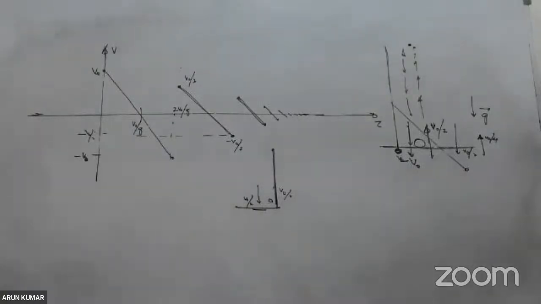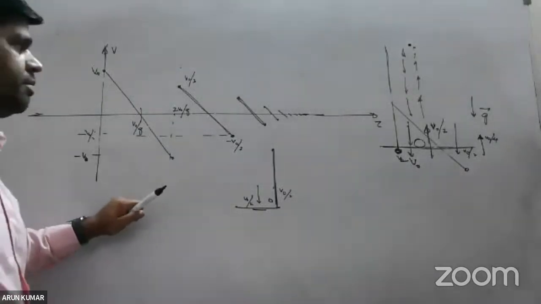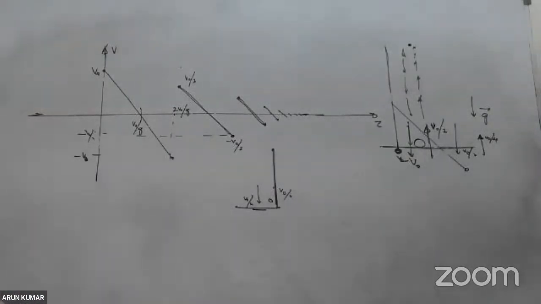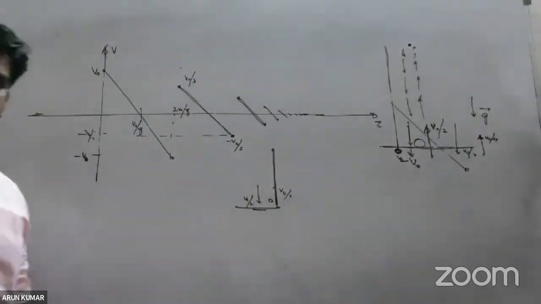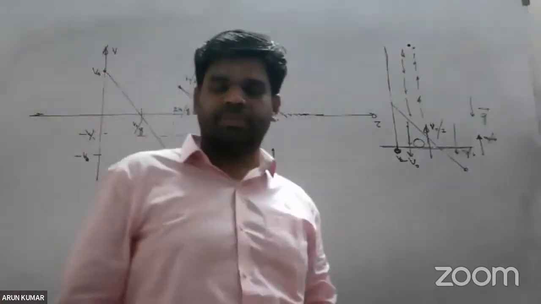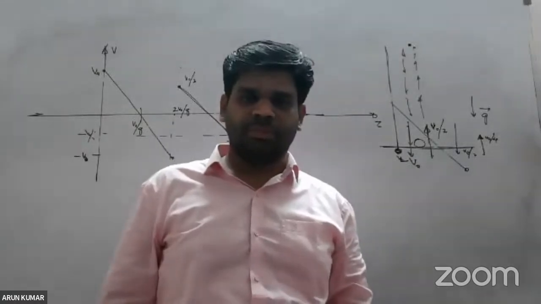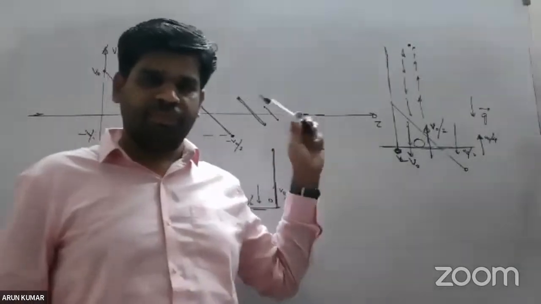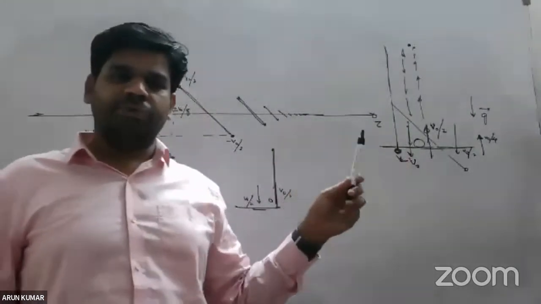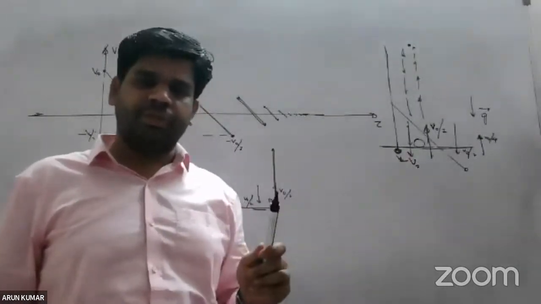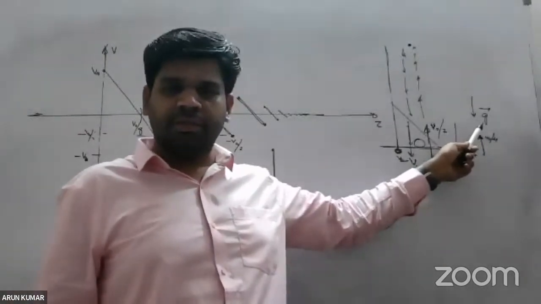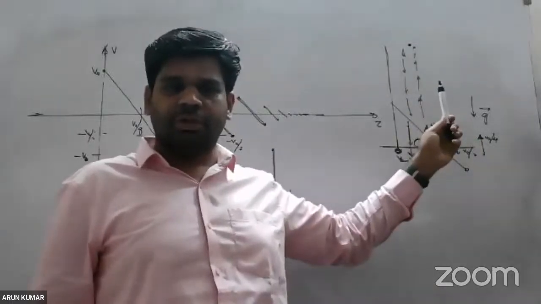Alright, so why do the lines have to be parallel, that's the question. Earlier you saw the lines were all parallel. Why were they parallel? Except at the instant of collision, my acceleration is negative g throughout the motion.